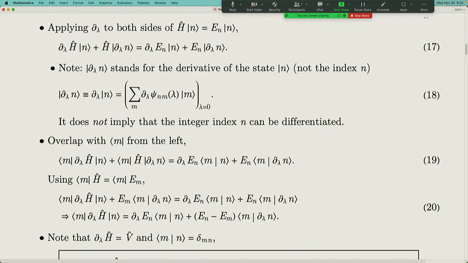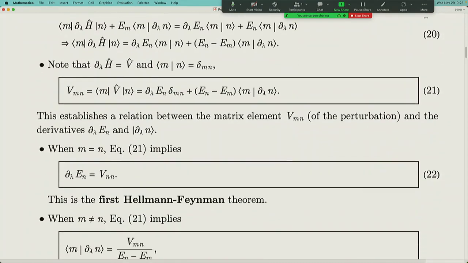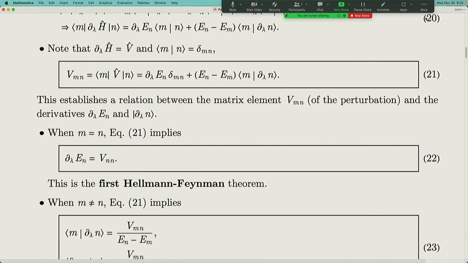Now we can arrange the terms a little bit, because you can see this term and this term have a very similar scalar product, so we can factor them out. So this is the final expression. This expression is called the HF theorem. And this expression actually contains two parts, which I denoted here.